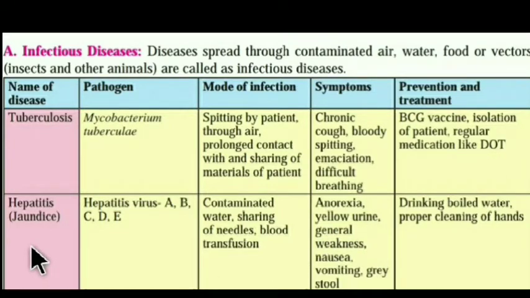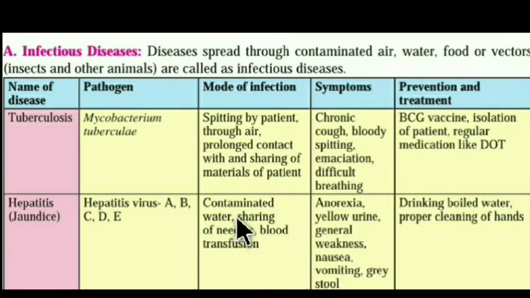Then second, hepatitis, that is jaundice. The pathogen: this is a viral disease. Hepatitis viruses are of five types: A, B, C, D, E. So these are the names of the viruses, and because of these, hepatitis infects the person.